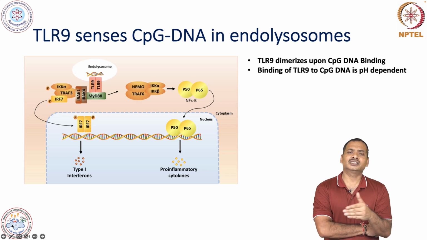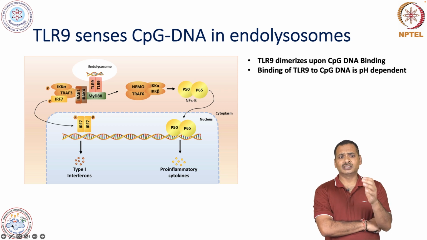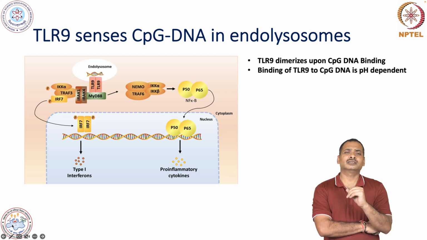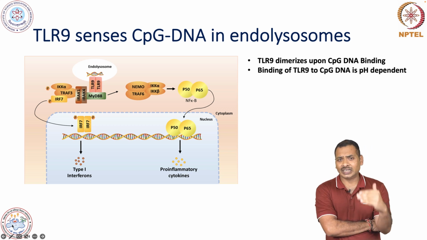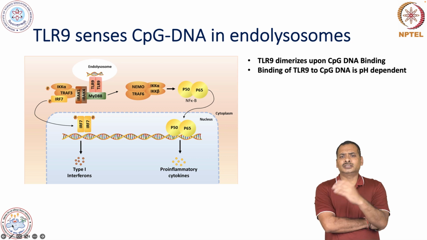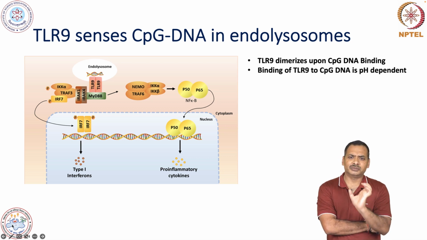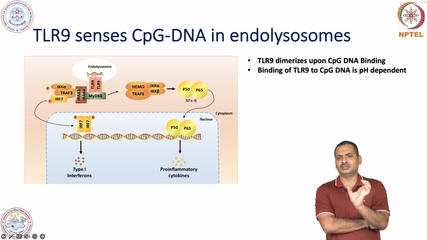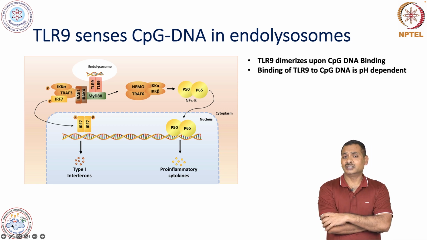Here you can see there are IRAK1, IRAK4, IKK alpha and TRAF3. All these basically activate IRF7, and that will induce type 1 interferon. So, TLR9, after cleavage, gets dimerized, and then binds to the ligand in a pH-dependent manner, and then all these signaling events are induced.